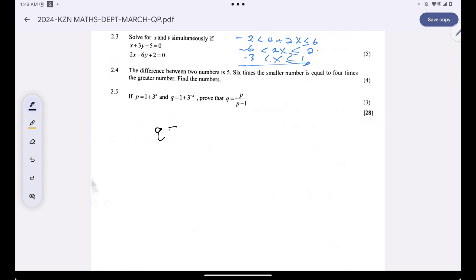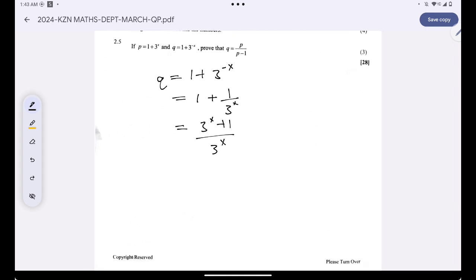Okay, Q is 1 over, okay, I can write this as 1 over 3 to the x, right? This thing will be 3 to the x plus 1 all over 3 to the x. Are you together?